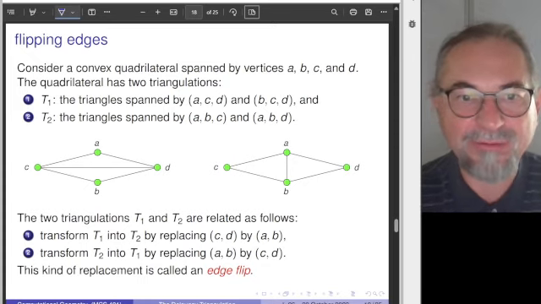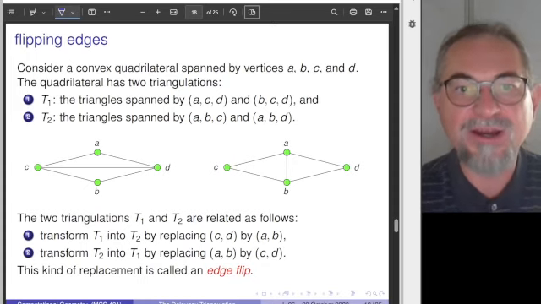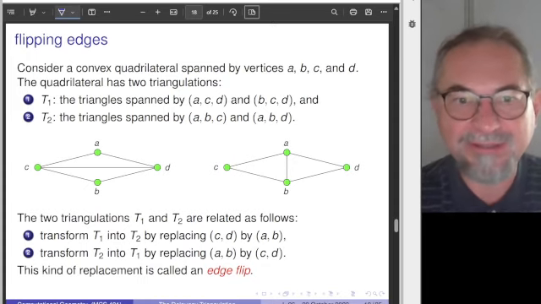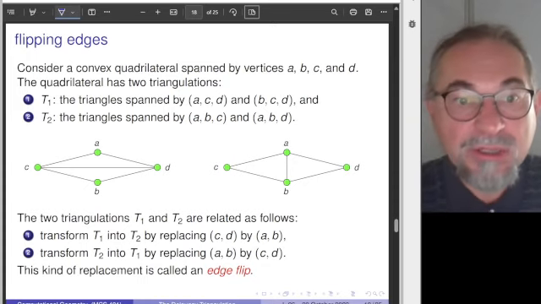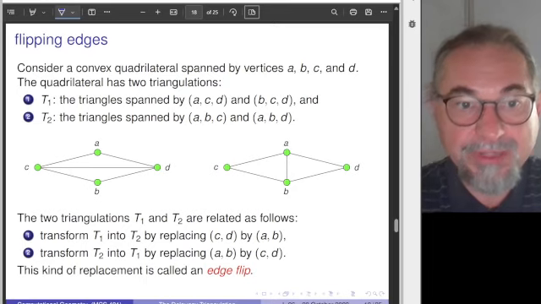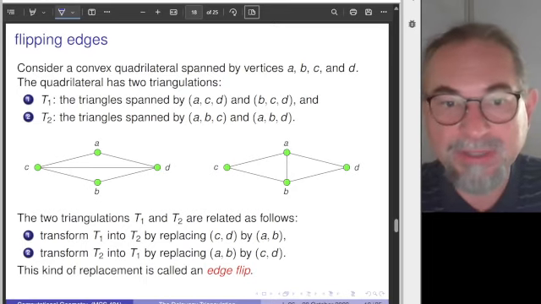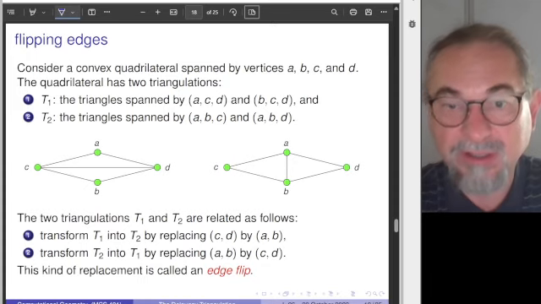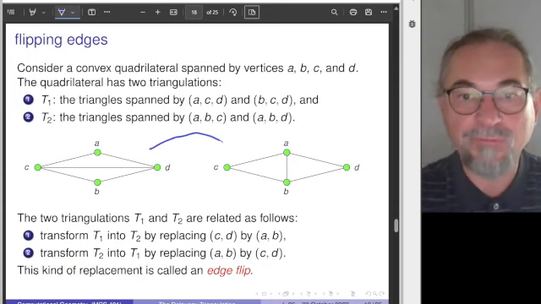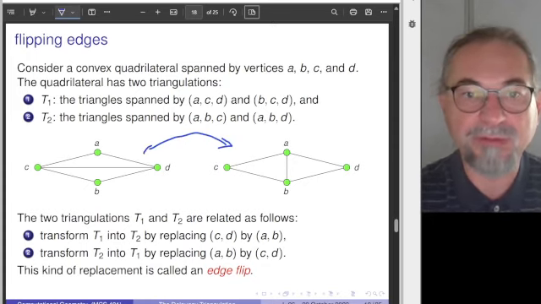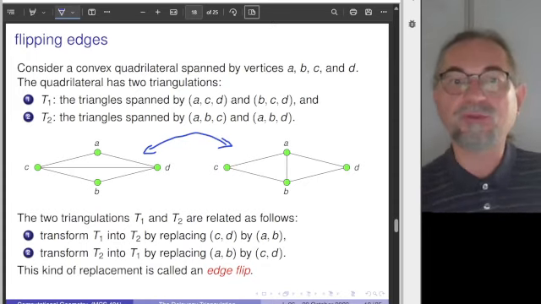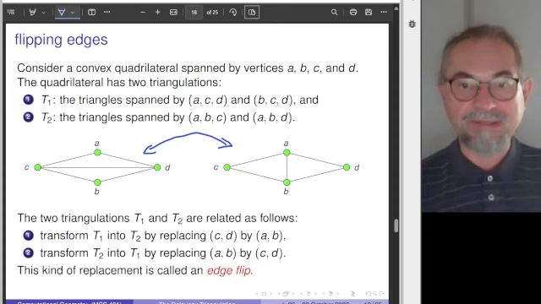I should say, any quadrilateral where you don't have a point on the inside; the convex hull of these 4 points includes the 4 points. If you flip, replacing the edge CD by AB, you have actually a better triangulation. So you can go from the left to the right, but the flip can also be undone. You can flip from the right to the left, so you can go in both ways. This is called an edge flip.